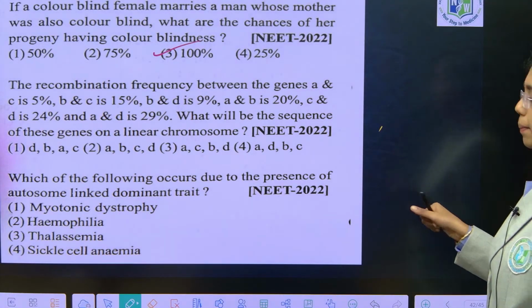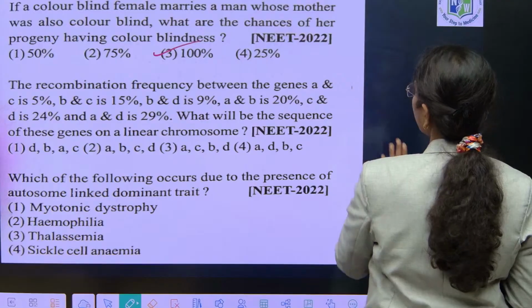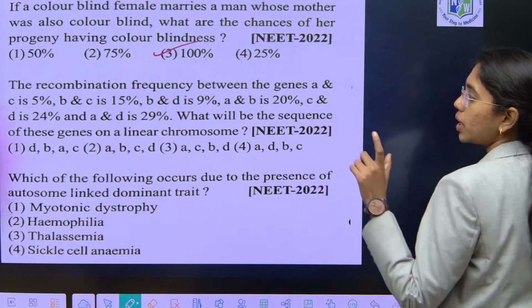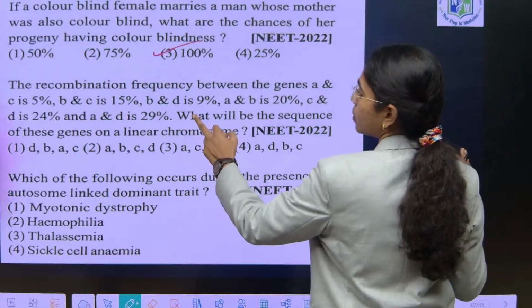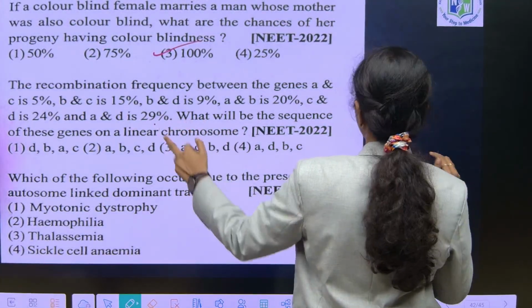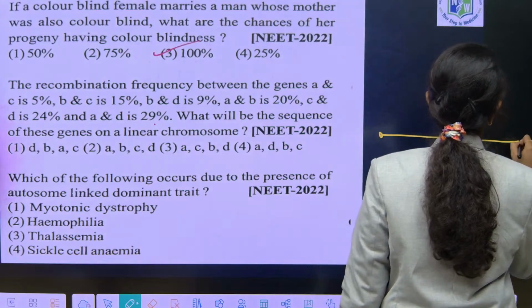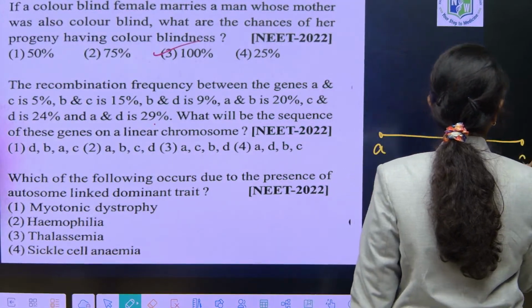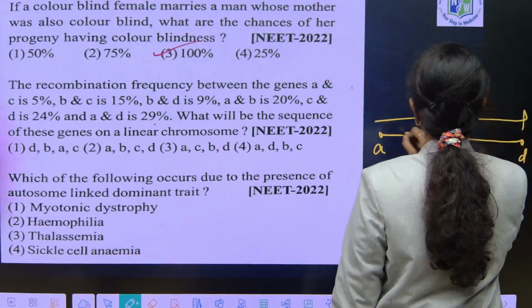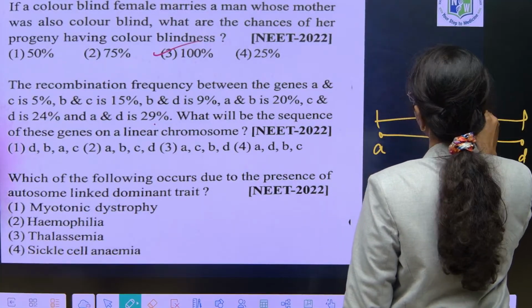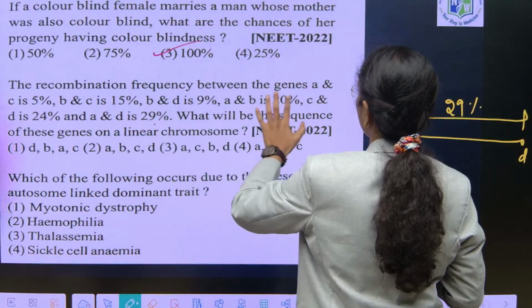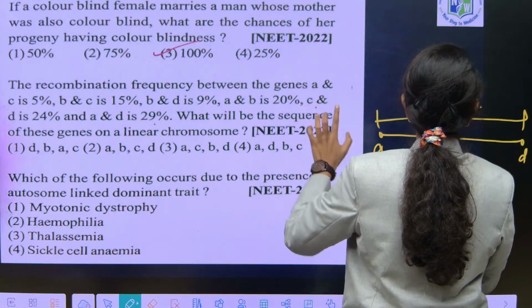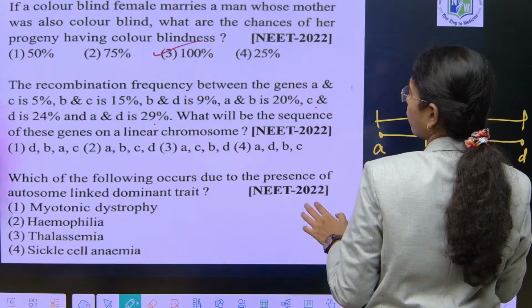Always in gene mapping you have to go from maximum to minimum. Maximum gene recombination frequency means maximum distance. Maximum distance is between what? A and D. So A and D are at the extremes, with 29% recombination frequency between them. After which C and D. I can plot C here, which is 24%.